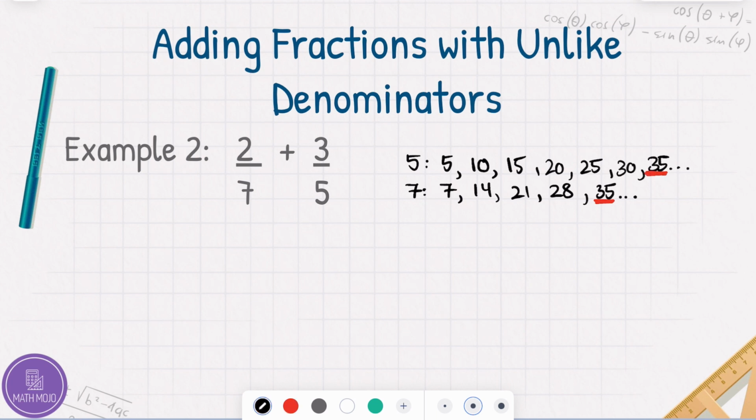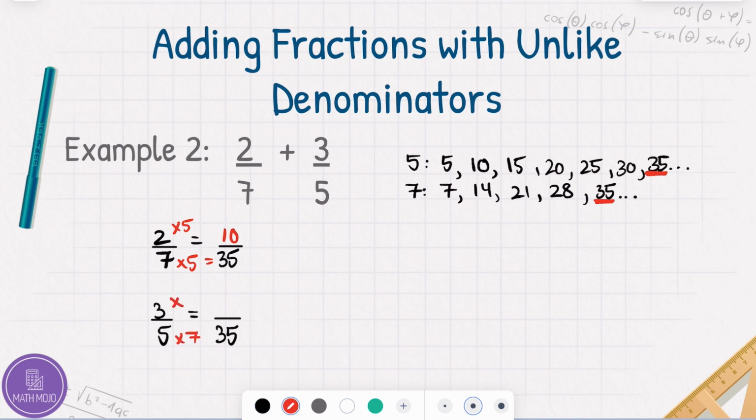So now we can change our fractions. We're going to do 2 over 7 is equal to something over 35. And we got to 35 by multiplying by 5. So now we're going to multiply our 2 by 5, which gives us 10. Then we're going to do the same thing for our next fraction, which is 3 over 5 equals something over 35, because we already know our common multiple is 35. For this one, we multiplied by 7.